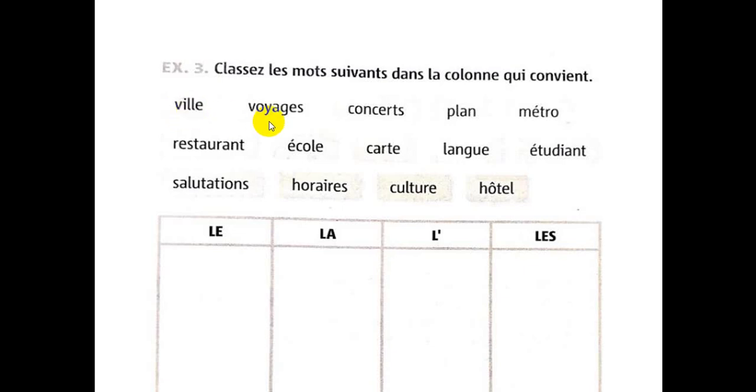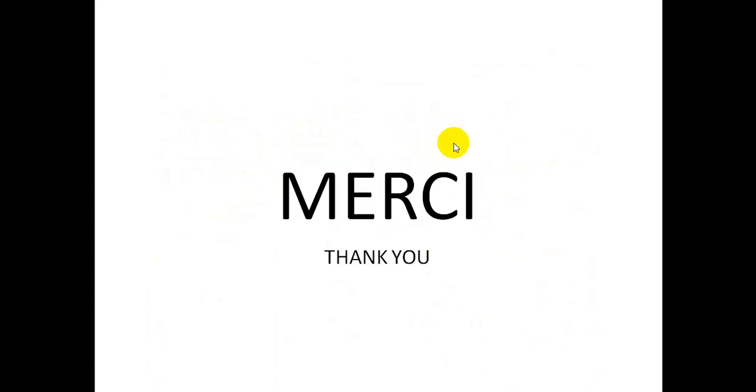Ville, voyage, concert, plan, métro, restaurant, école, carte, lawn, étudiant, salutation, oasis, culture, hôtel. You have to segregate these nouns according to their genders and singular and plural forms.